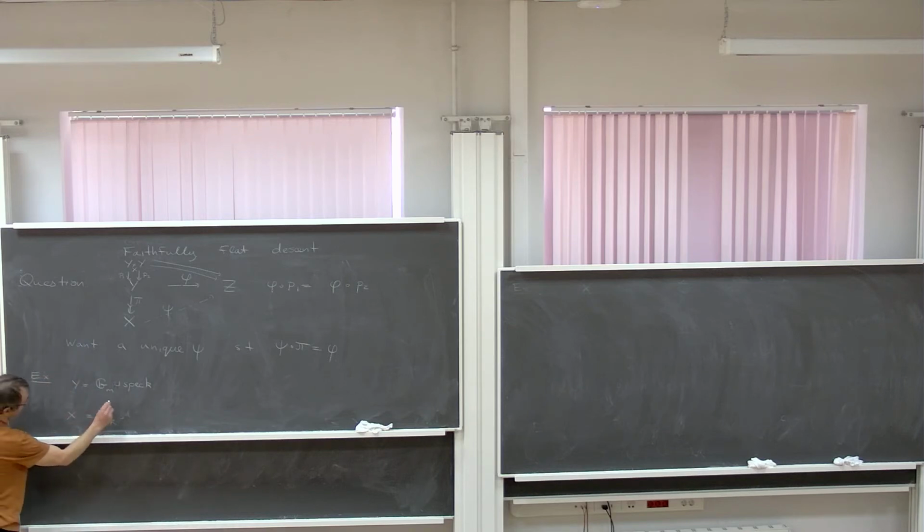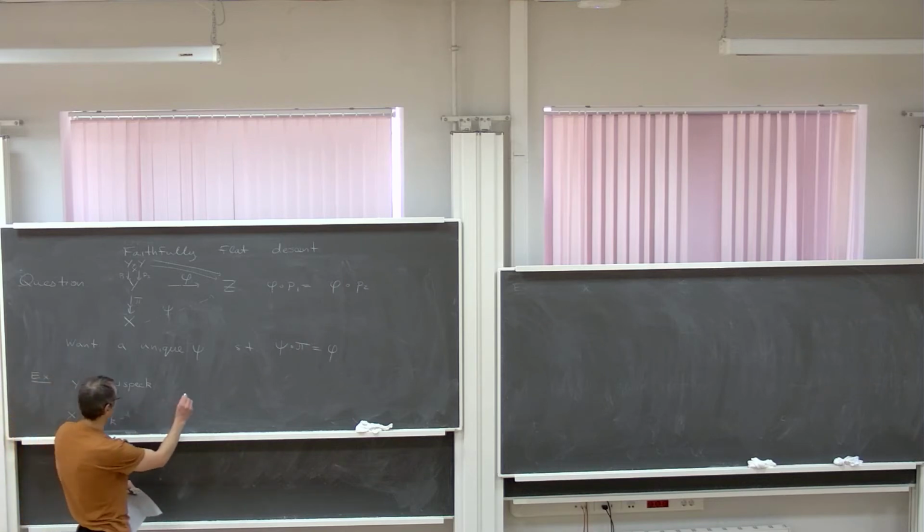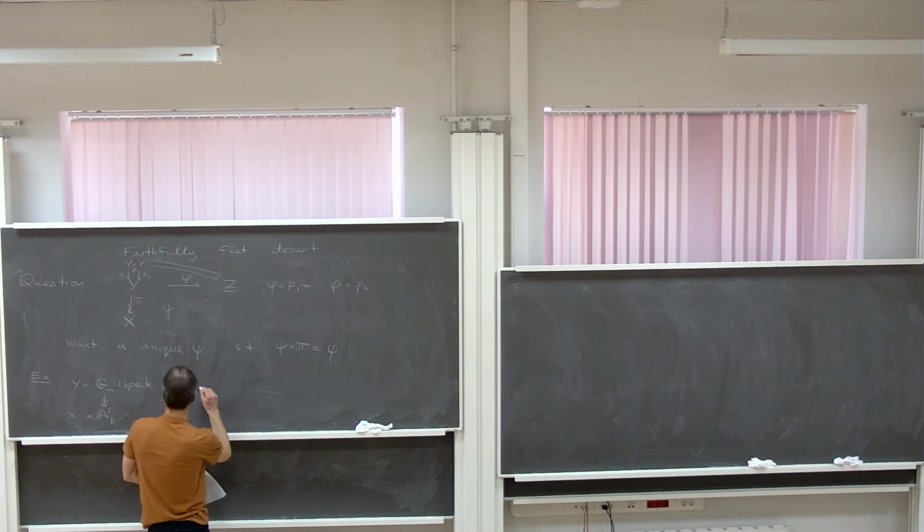And we have this map given by the inclusion and embedding spec K into the origin. This is a surjective map. And for Z, I want to take A1 with the identity map.